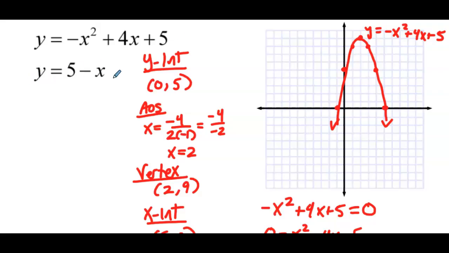Now we'll graph y equals 5 minus x. So the slope there is negative 1, and the y-intercept is 0, 5. So 0, 5. That was also the y-intercept of the parabolic curve. And then we got a slope of negative 1. So I'll connect those with my line tool.